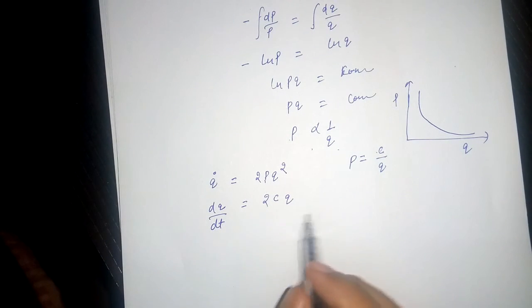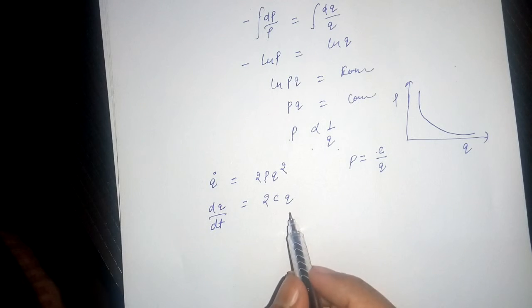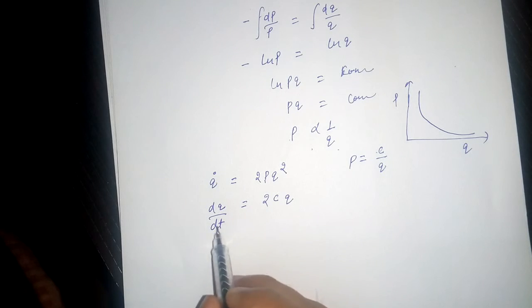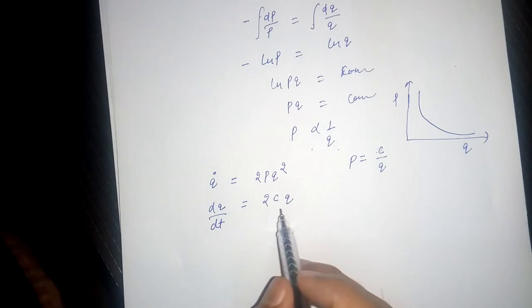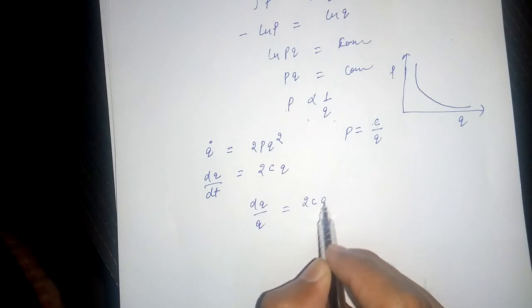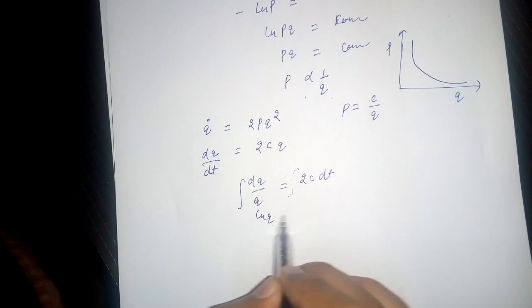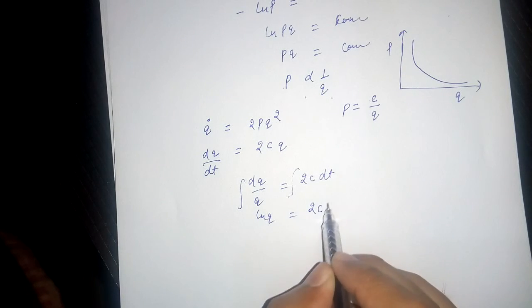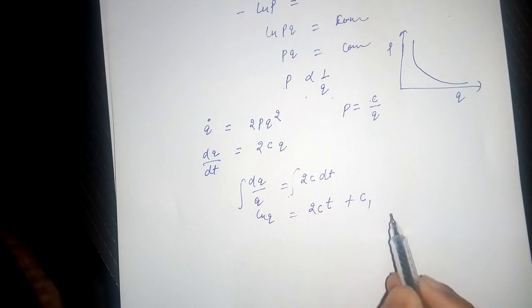This is a linear differential equation, or we can do it simply: dQ upon Q equals 2c dt. Just integrate both sides, log of Q equals 2c t, c is constant, plus some other constant.